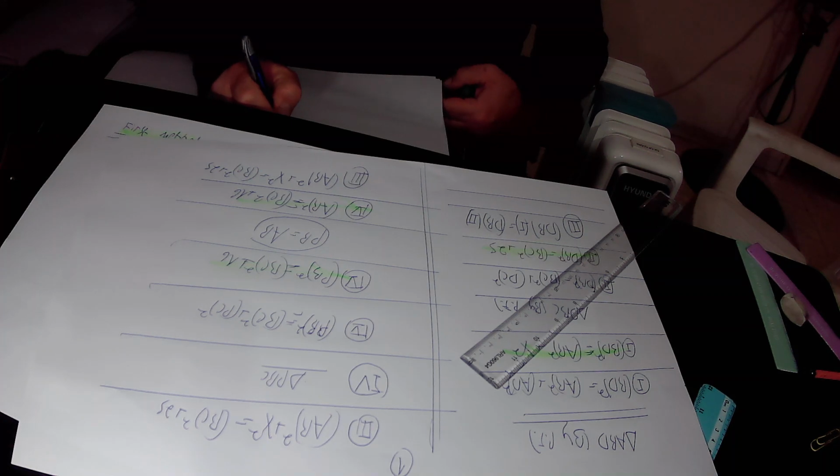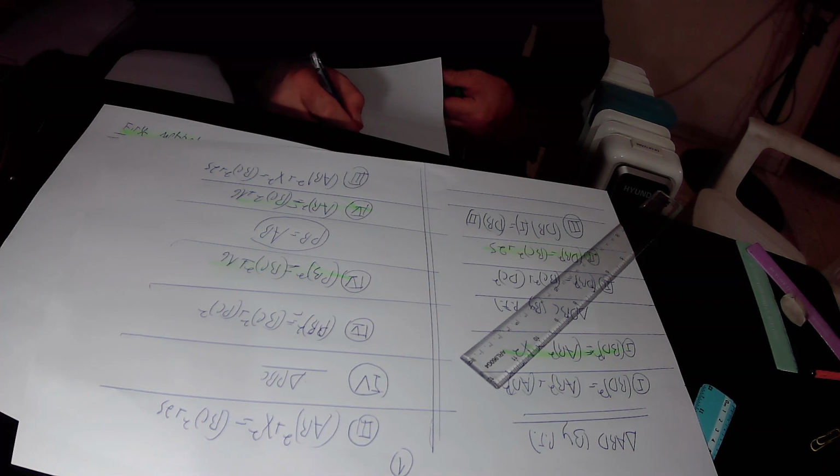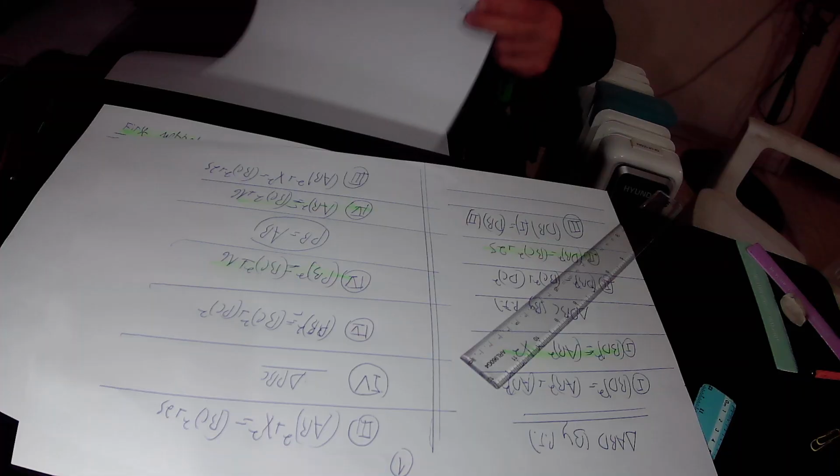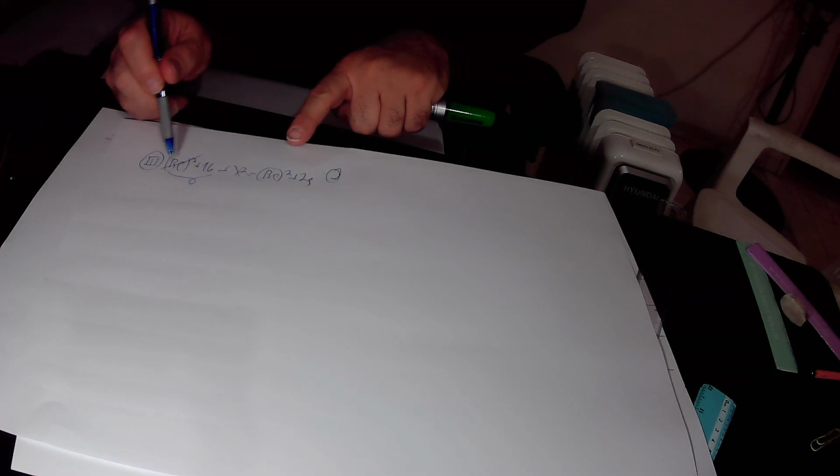So in total, according to equation 3, we found out that BC squared plus 16, that is actually AB squared, plus X squared equals BC squared plus 25. Here we have BC squared on both sides of this equation, so BC squared will get cancelled.